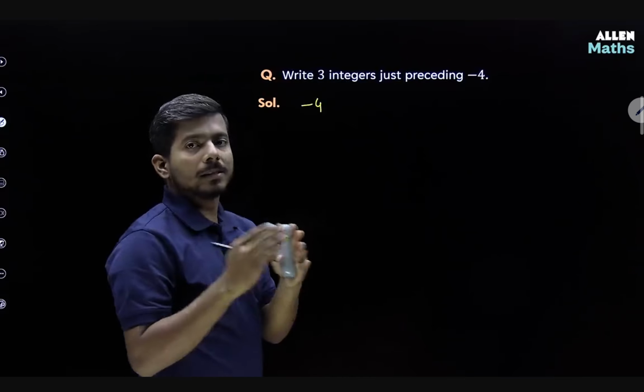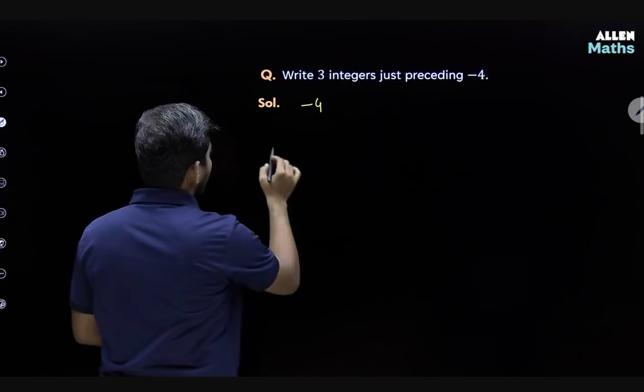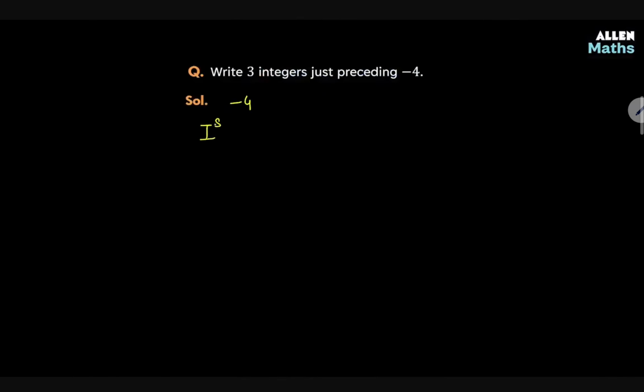Now to find a predecessor, we subtract 1, right? So the first predecessor is -4 minus 1, that is -5.